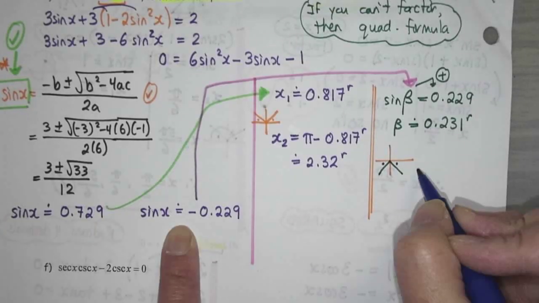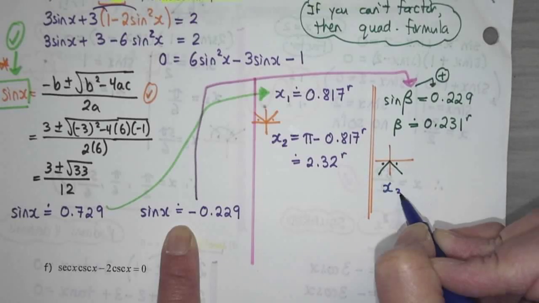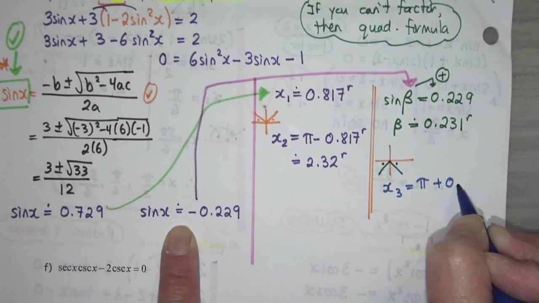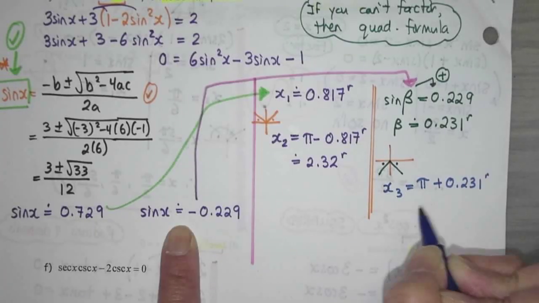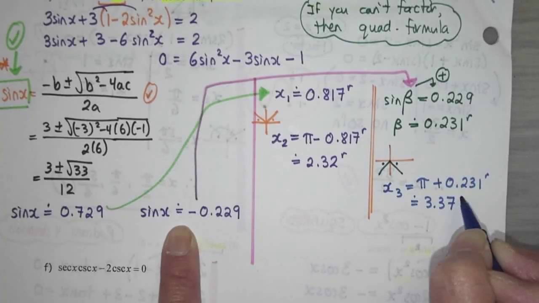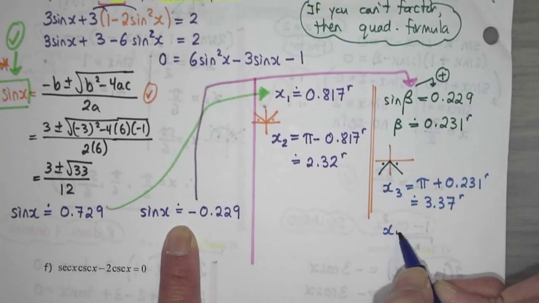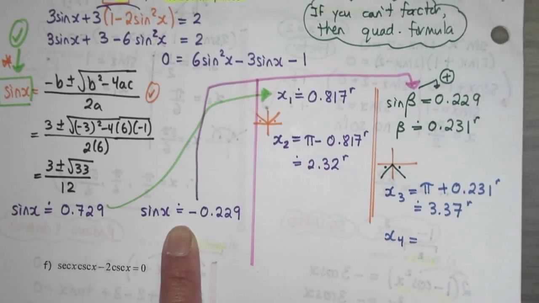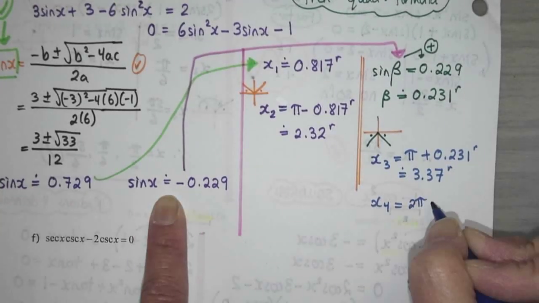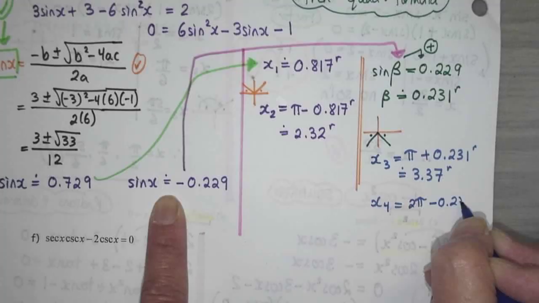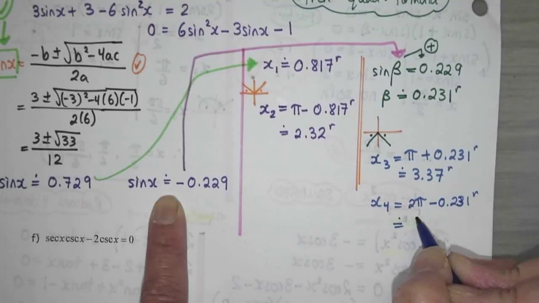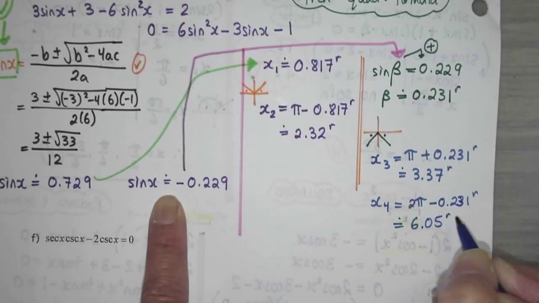So then we're going to get x3 would be pi plus 0.231, which would get me 3.37. And then x4, so 2 pi minus 0.231 radians, and I'm getting approximately 6.05.